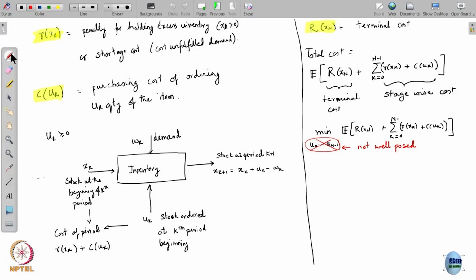What is the alternative? Since the quantity to be ordered is going to be decided based on the information that will become available during the problem, what is it that we can actually decide at the start of the problem, even before the demand is actually realized?